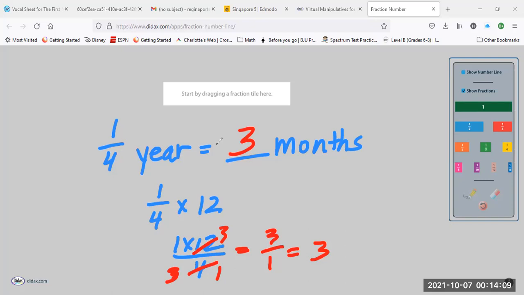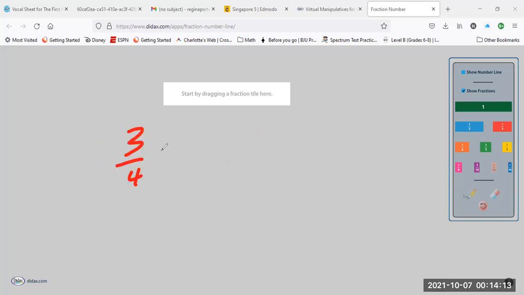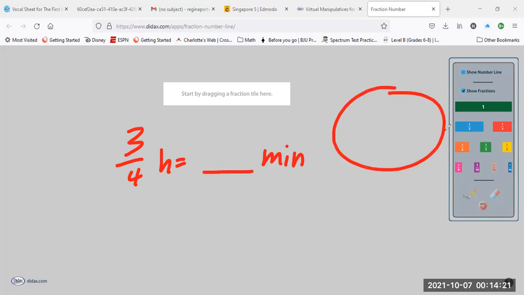We looked at some today, like 3/4 of an hour is how many minutes? Well, first of all, you might say, hey, I know a clock broken into quadrants is 15, 30, 45, 60.